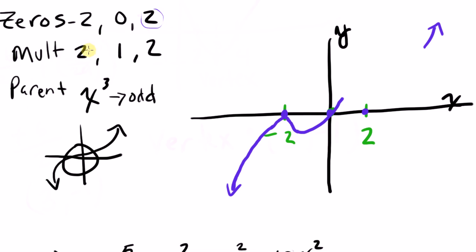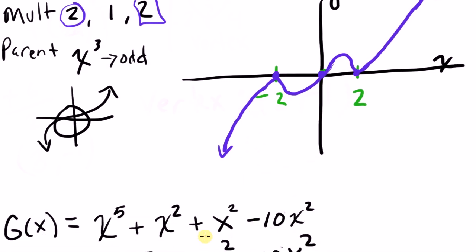At -2, it had a multiplicity of 2, so it's going to bounce off. At 0, it has a multiplicity of 1, so we're going straight through. At 2, it has a multiplicity of 2, and it's going to bounce off again. So something like that. And this would be a sketch of this graph here. Again, I'm sorry for the confusion, and I'll try to better plan next time.